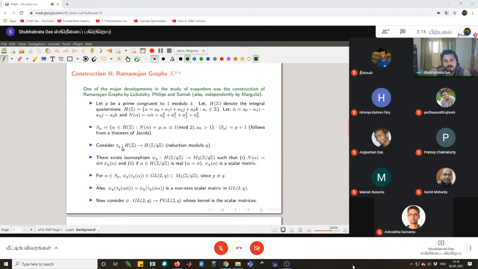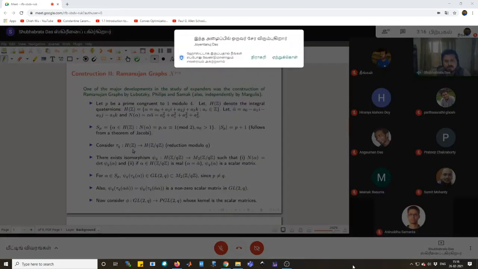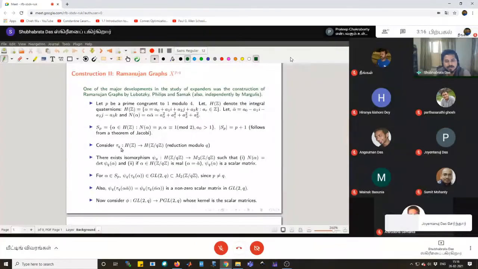We choose a Q which is also 1 mod 4 and which is different from P. So we choose another prime number Q which is again 1 mod 4 and is different from P. For that prime Q, we consider the quotient map from Hz, the integral quaternions, to Hz mod Qz.